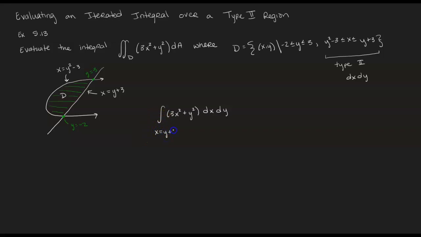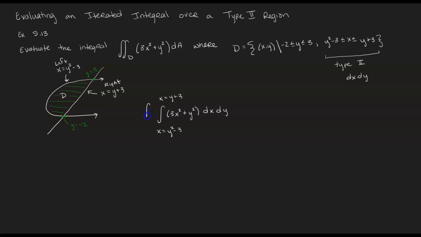The smaller value for x is the y squared minus 3 function. The larger value for x is y plus 3. Remember that x is smaller as you go to the left, x is larger as you go to the right. So our left function was the y squared minus 3, our right function was the y plus 3.